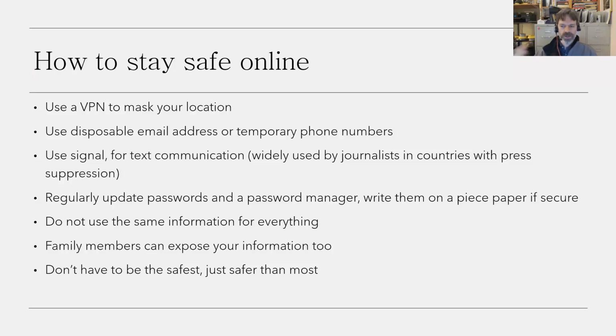Also, journalists in other countries who want to make sure that they are not being watched will use VPNs or even services like Tor, which is often associated with the dark web, to hide their location, like you were saying about IPs.